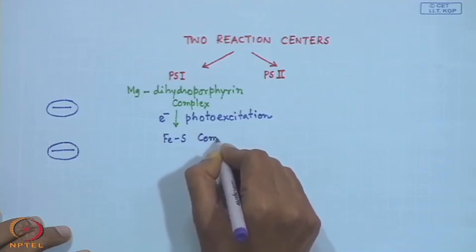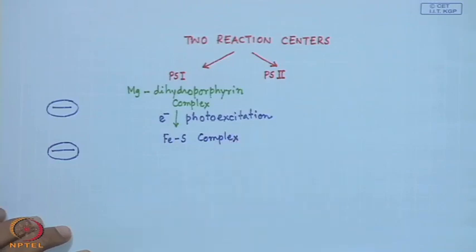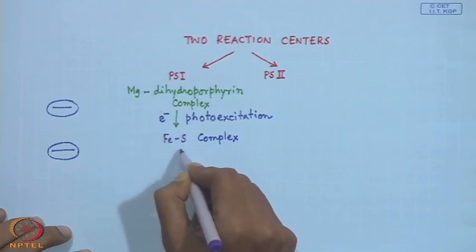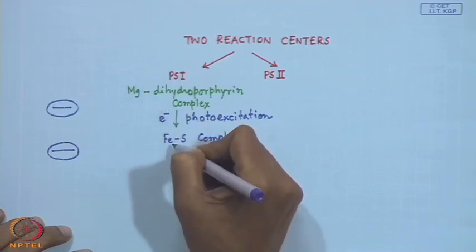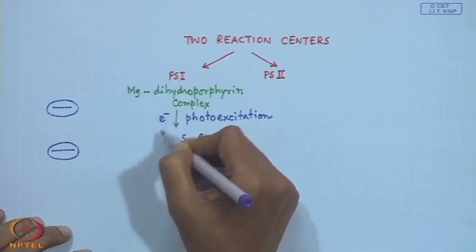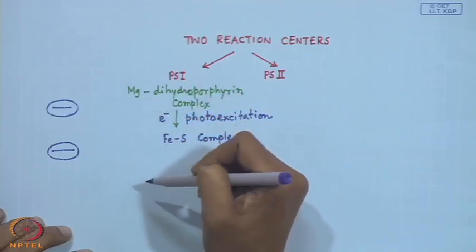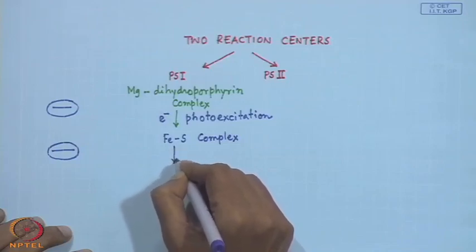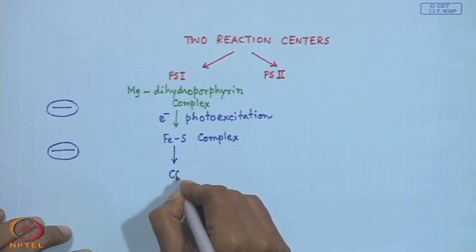So, it can transfer that electron to a ferredoxin type of molecule, an iron sulfur protein. This iron sulfur protein remains initially in the oxidized form. When it gets the electron from this particular complex, it is in the reduced form. So, basically at different E0 values we are transferring these electrons.